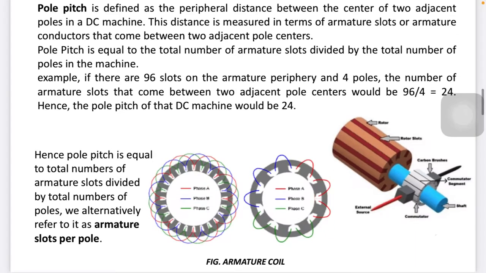As you see in the figure, this is the armature, and the armature slots have the armature winding. At the input side it is connected with the commutator, which is fitted on the shaft. The conductors of one polarity are connected on the positive side, and on the other side to the negative terminal, and the whole thing is not physically connected with the brushes.